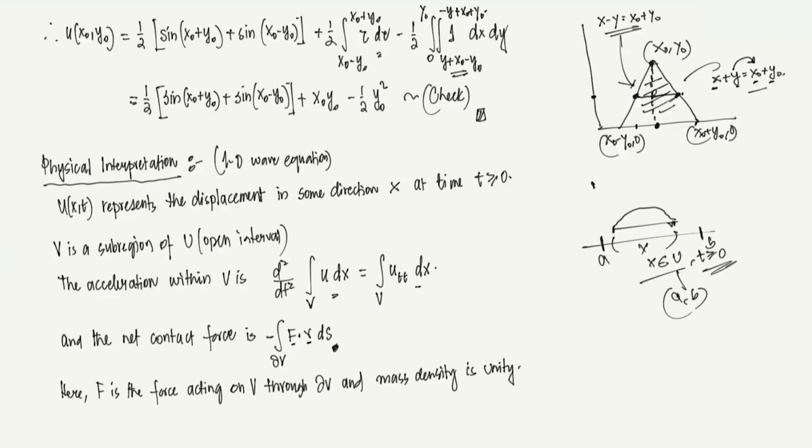That gives us that the integral over V of u_tt dx is equal to the integral over del V of F dot gamma ds. The mass density is 1, so mass times acceleration is the net force. If it is not, this will be some constant times, but let's forget about that part.